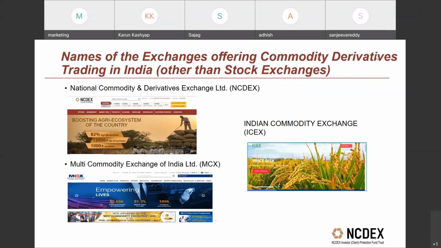Then we have the Multi Commodity Exchange, where the major tradable commodities are internationally tradable ones like base metals, precious metals, or energy products like crude and copper. Then we have ICX also, where multiple commodities trade on the platform. These were the exchanges which had earlier approval for commodity trading.